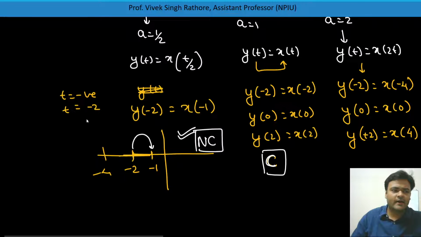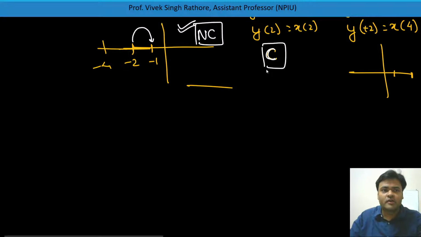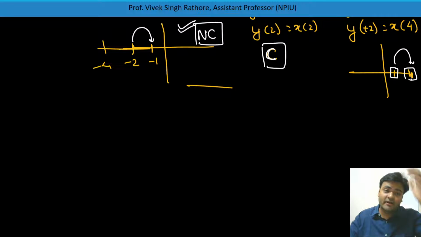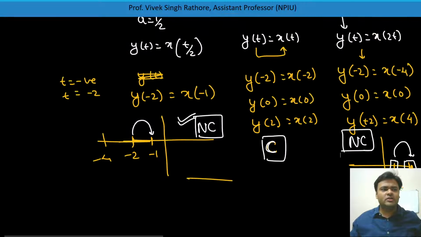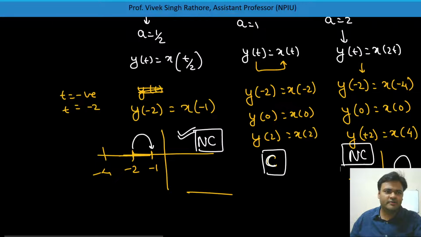If you plot it, y of 2 is here and x of 4 is here. So y of plus 2 is dependent upon x of plus 4, which means it is dependent upon a future value, and it will be called a non-causal system. So we have seen that for a less than 1 and a greater than 1, both conditions are non-causal systems.